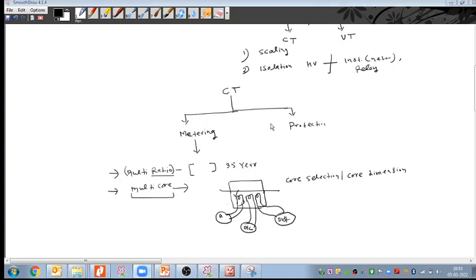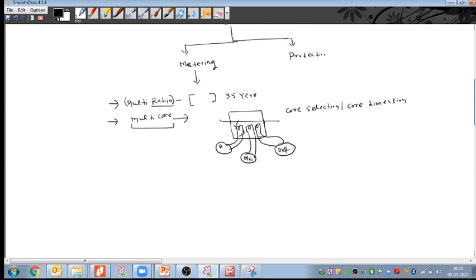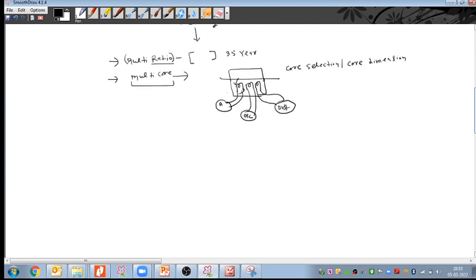I hope it is clear so far, and we can move to the next discussion. We have taken the metering core CT.